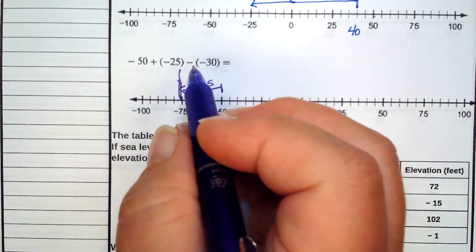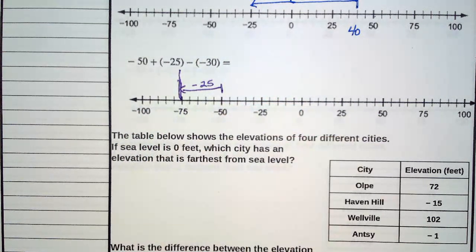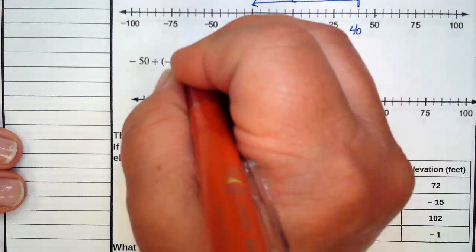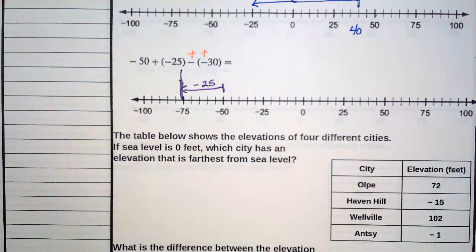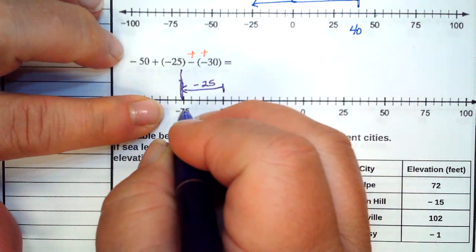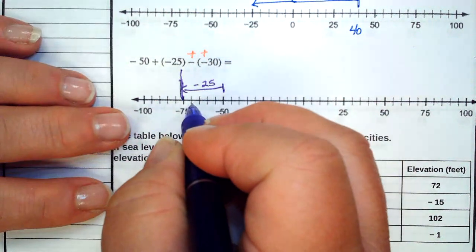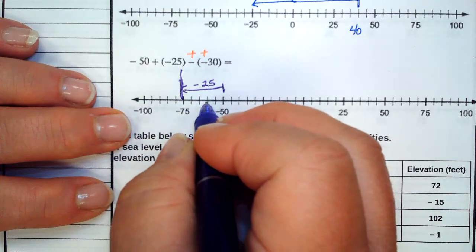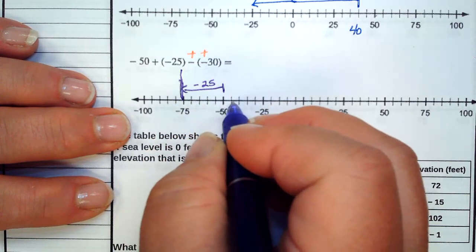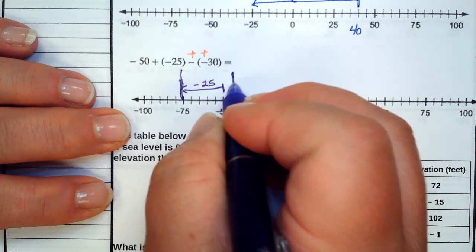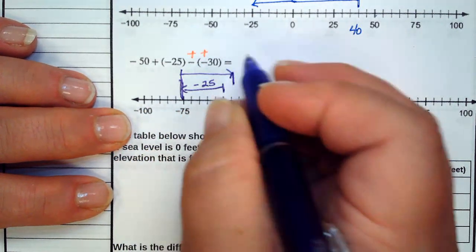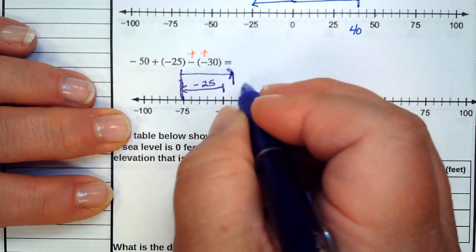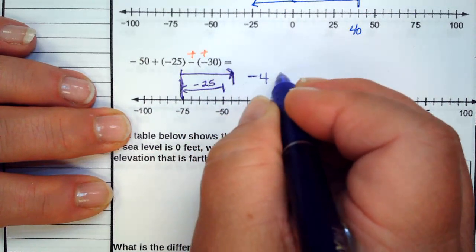But you don't minus a negative. You always plus the positive. So I'm going to start at negative 75. I go up 30, so this is 5, 10, 15, 20, 25, 30. And I end up at negative 45.